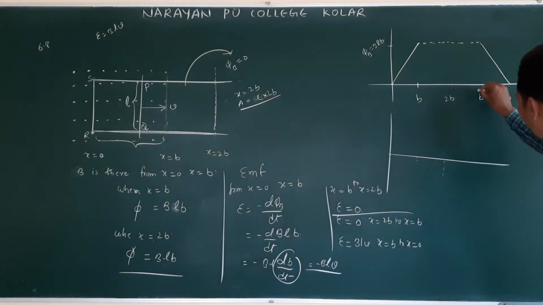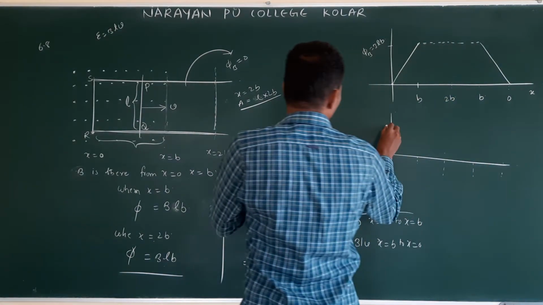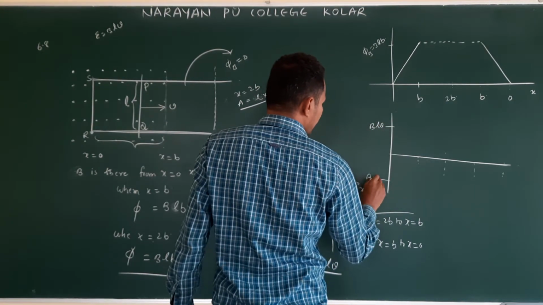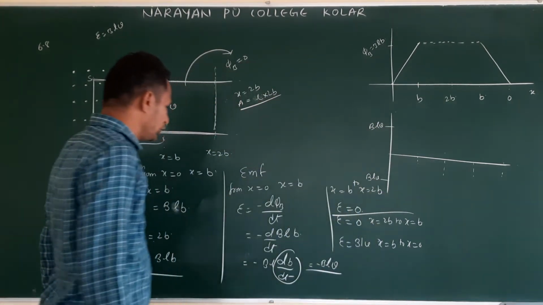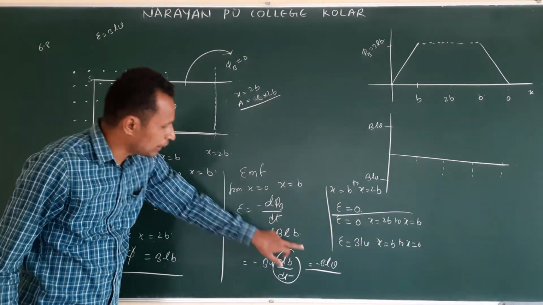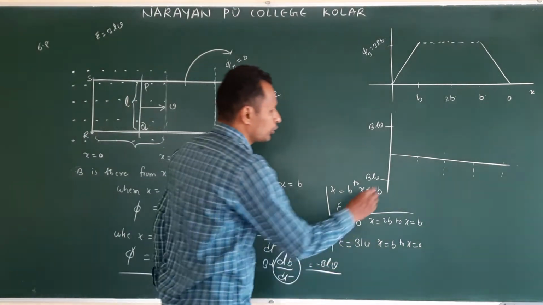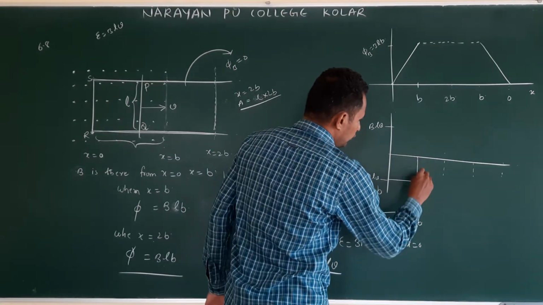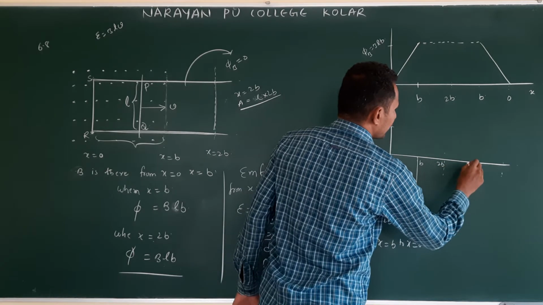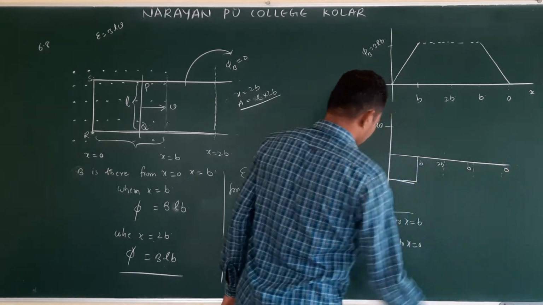Taking the same points, we have plus and minus BLV. For x equal to 0 to x equal to b, it is minus BLV. Like this, b, 2b, b, 0.